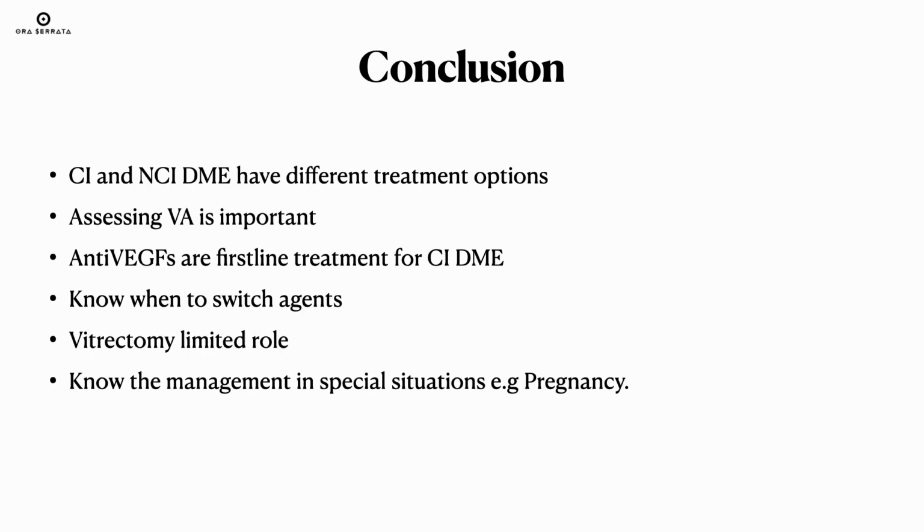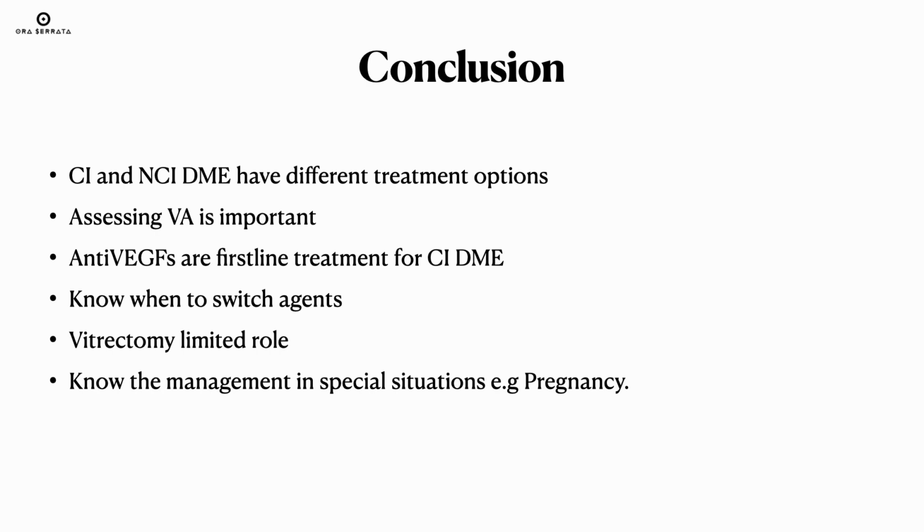So to conclude, center involving and non-center involving DME have different treatment options. In such cases, visual acuity assessment is important, and if there is center involving DME, then anti-VEGFs are always the first line treatment.